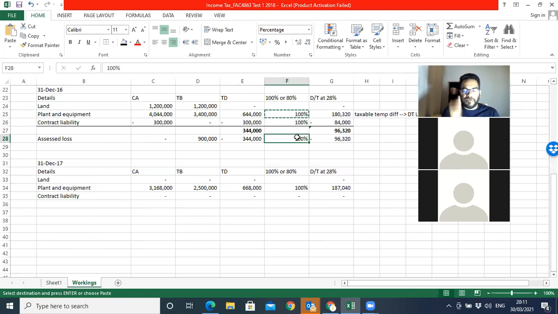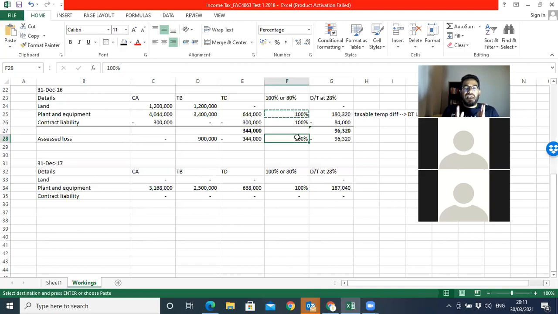However, before you do that final part of recognizing zero, you need to have a look whether you have a deferred tax liability. And accounting says if you have a deferred tax liability, then you can recognize a deferred tax asset to the extent that you have a deferred tax liability. So take note of that.